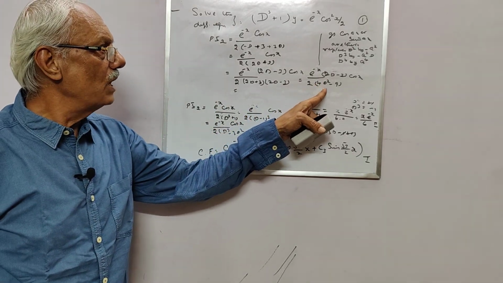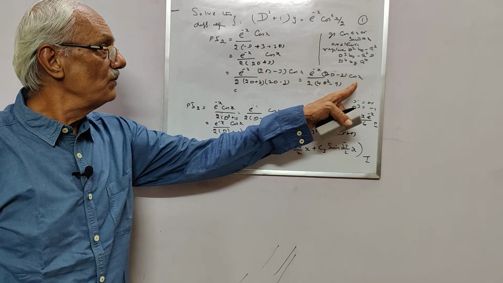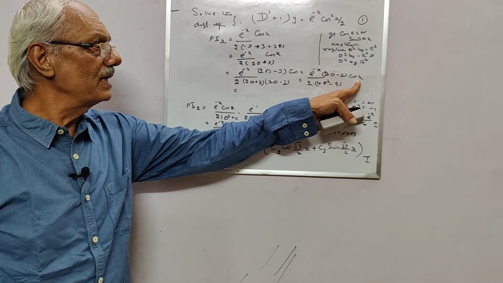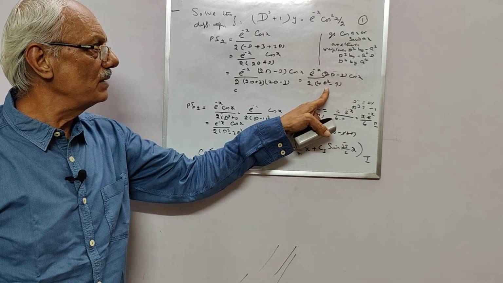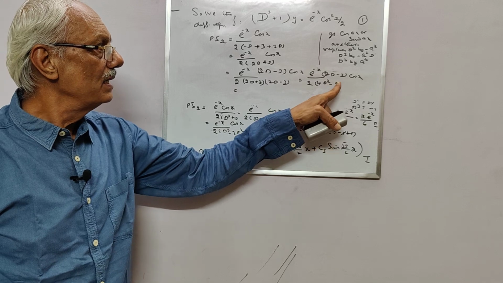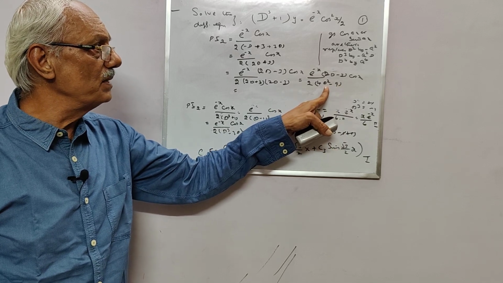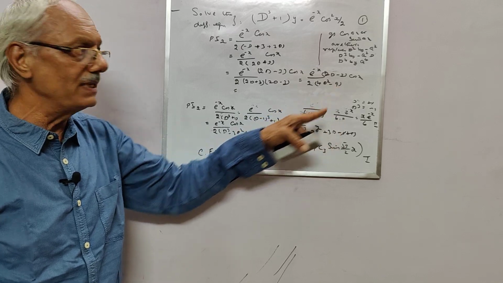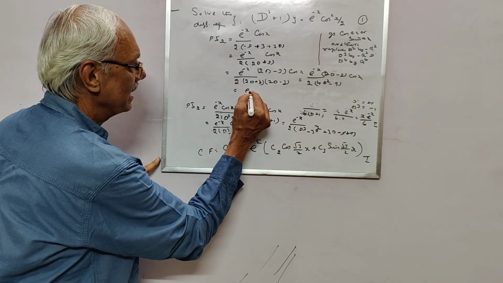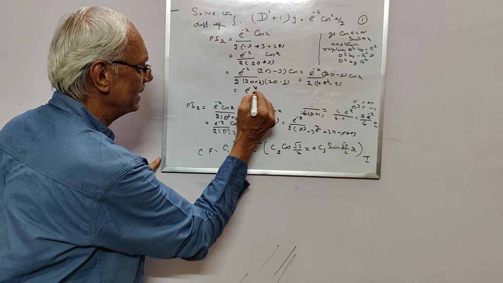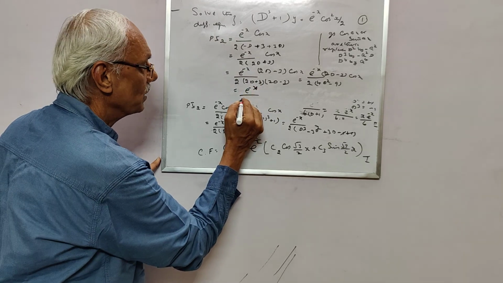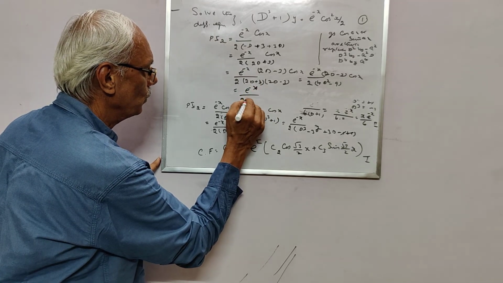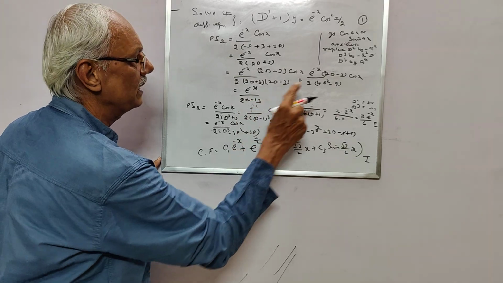Now you apply the rule again. When you integrate this, replace this D squared by minus 1, so that if you replace it by minus 1, it is minus 4, minus 9 is minus 13. So you will get it as e to the power of minus x divided by 2 into minus 13.